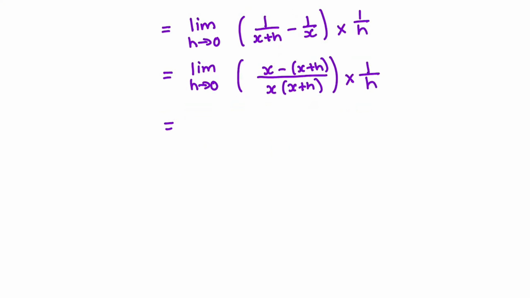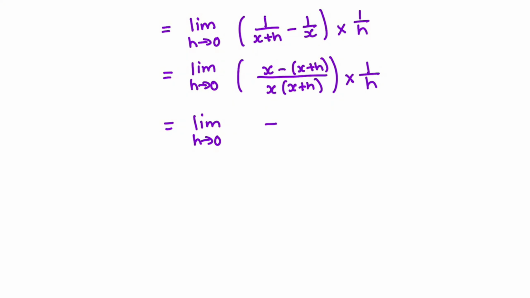Now you do not need to multiply out the denominator, but what we can do is remove these brackets in the numerator. So we have the limit of h towards 0 for x minus x, which becomes 0, and then what's left is minus h.